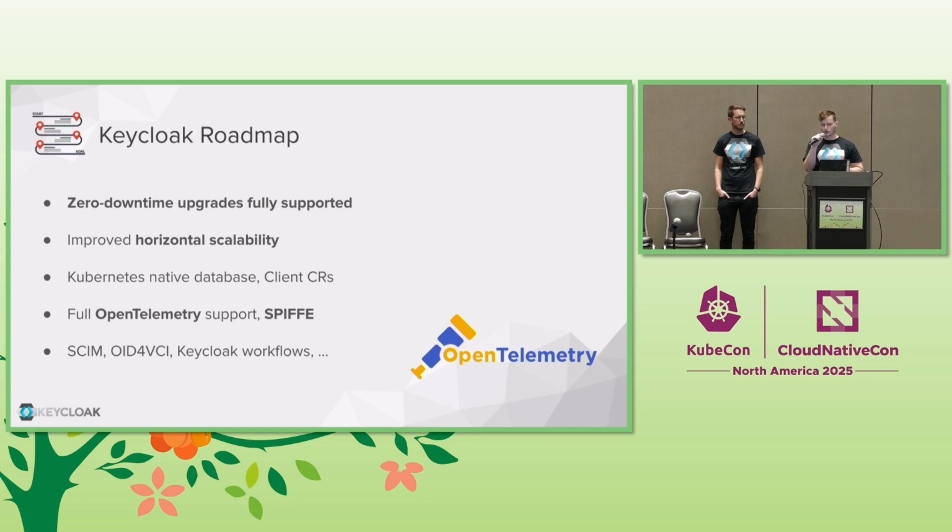There are plans also for improving some standardization around OpenID for verifiable credential issuance, and there's a new feature, Keycloak workflows, that we are working on. And there's many more around that, so keep updated.